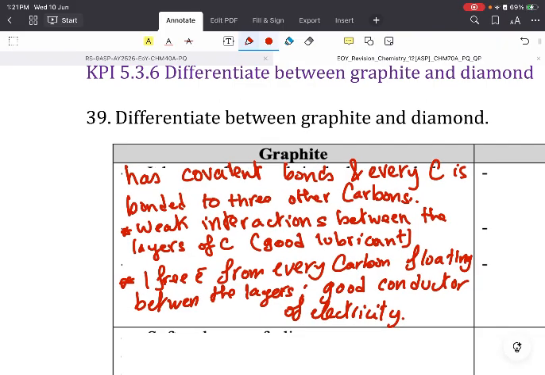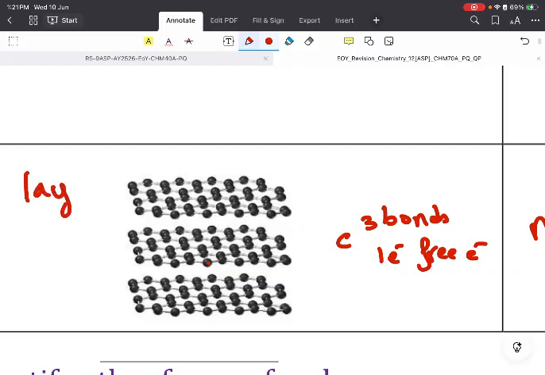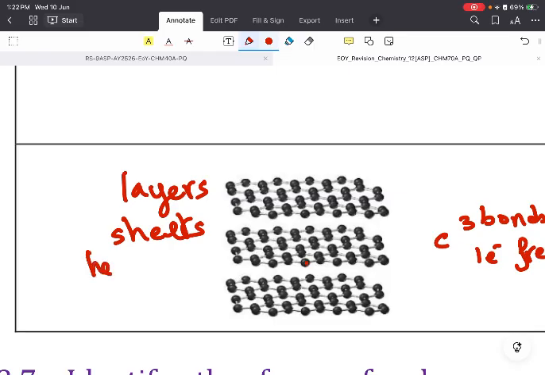These layers or sheets have hexagonal shapes. Remember this.